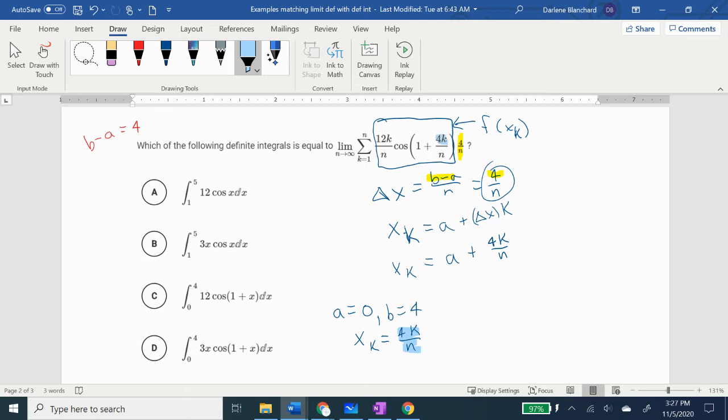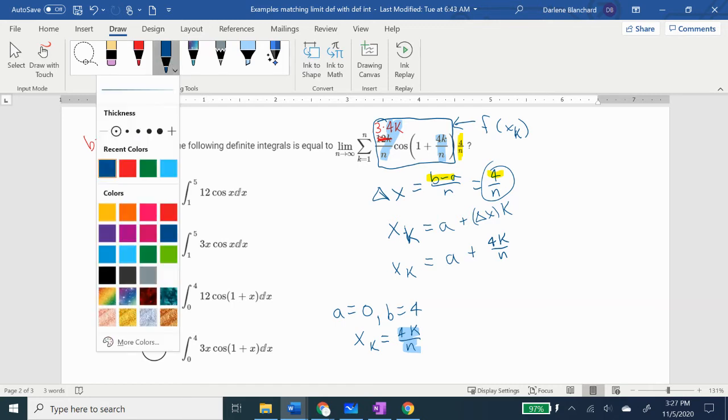Right here I have a 4k divided by n, but I also have right here, the numerator could be changed to 3 times 4k, and then 4k divided by n is this also. Everywhere that I have 4k divided by n, I can replace that with an x.